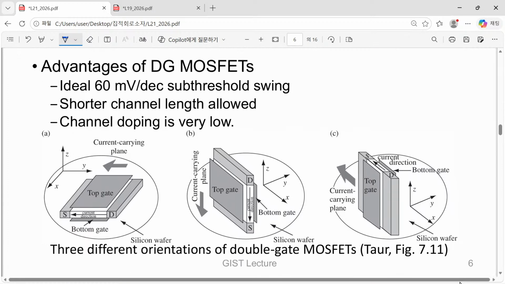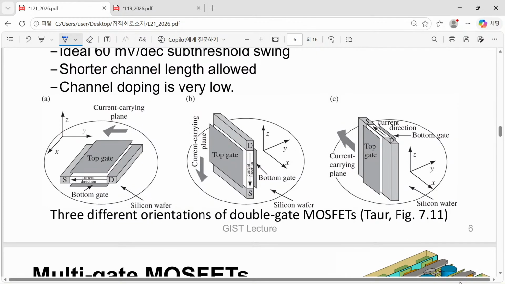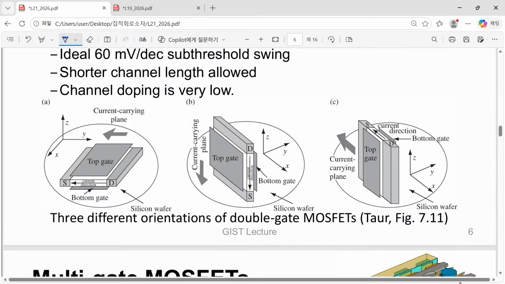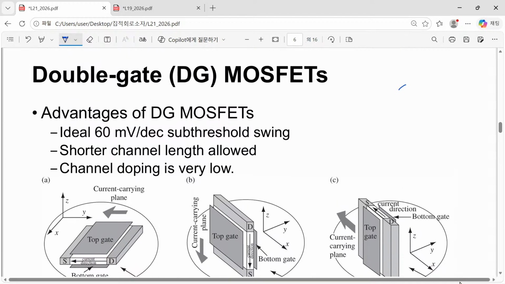Here we have one figure taken from Professor Tower's textbook, and it says many things to us. So let's have a look at it. This double gate means that we have two gates. When it was first proposed several decades ago, people thought about this case of double gate.